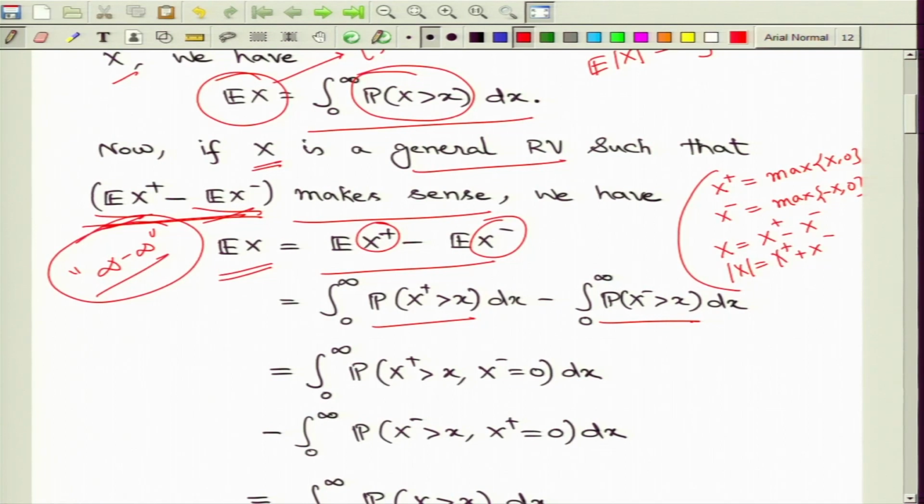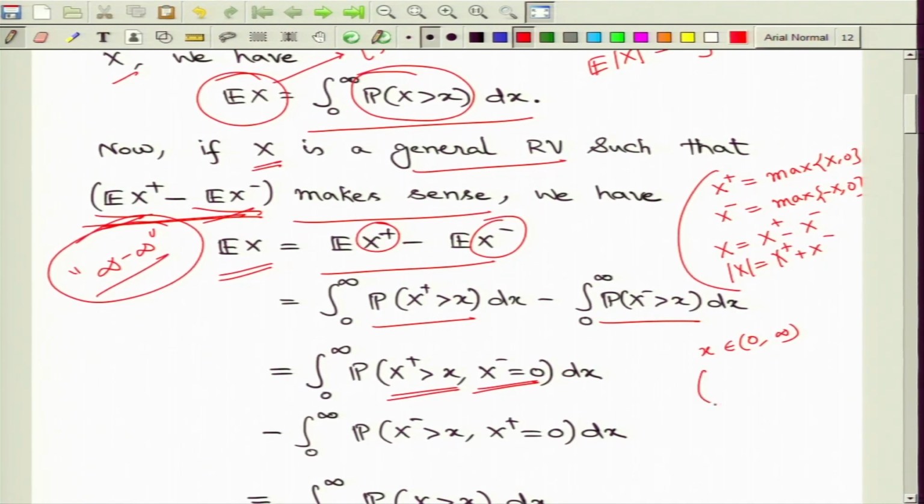Note that when we are varying this number small x from 0 to infinity, X plus being greater than x means that the value of X itself must be positive, and as a consequence X minus must take the value 0.